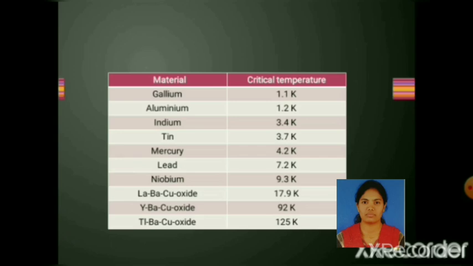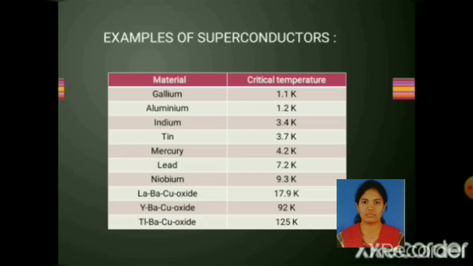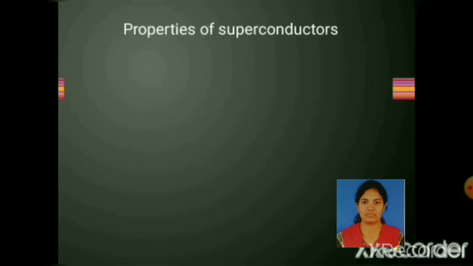For every material we have a particular temperature which is known as critical temperature. We can say that for tin it is 3.7 Kelvin. It means below 3.7 Kelvin tin's resistance becomes 0. So these are examples of superconductors.